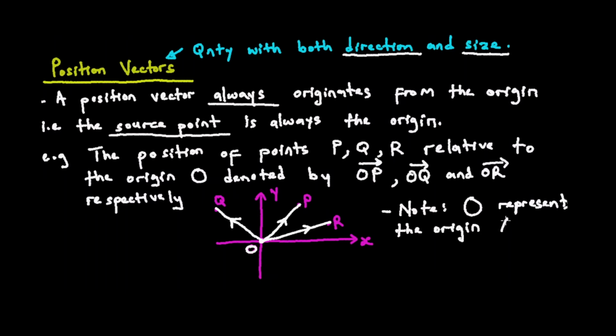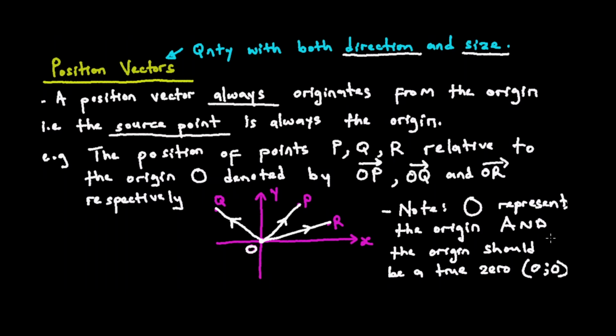But we do not stop there, and this is an important extension: the origin should be a true zero. And when we say true zero, we mean that if we take the coordinates of this origin, they should be 0, 0. So if we do not have a true zero, we do not have an origin. And we should remember that position vectors emanate from the origin.